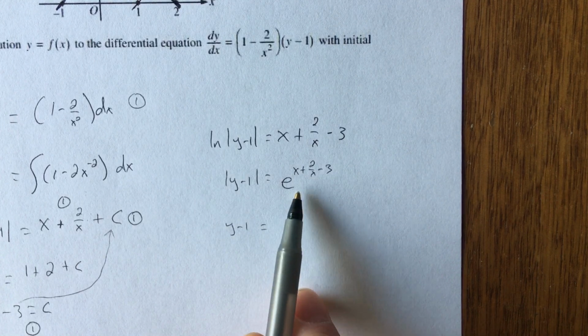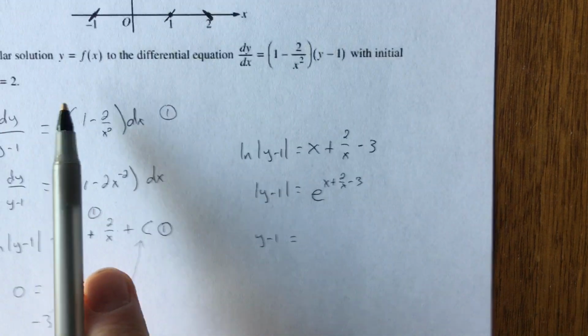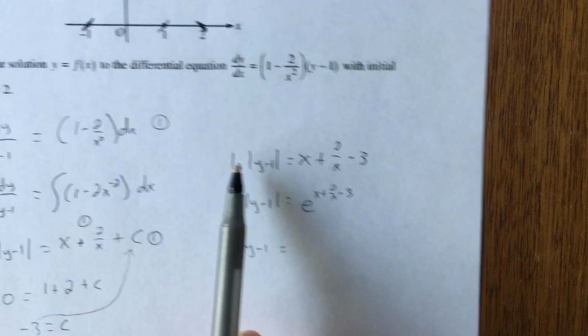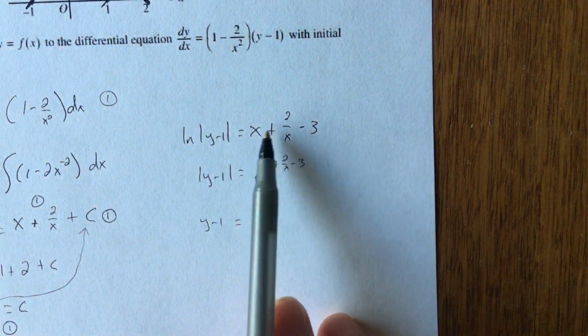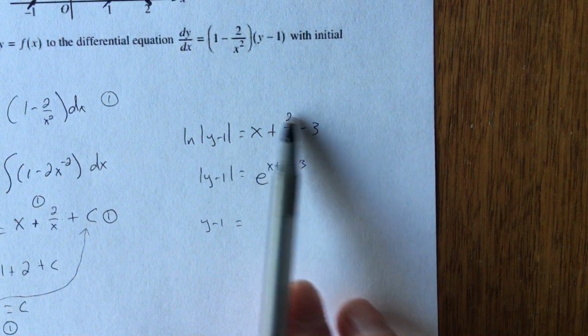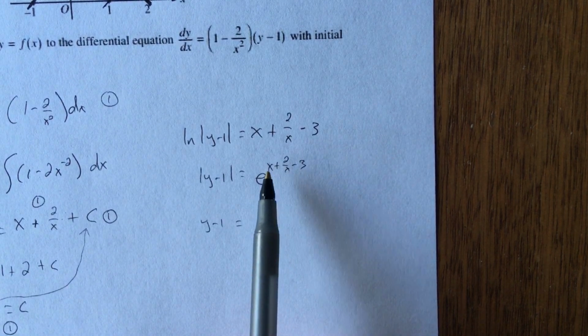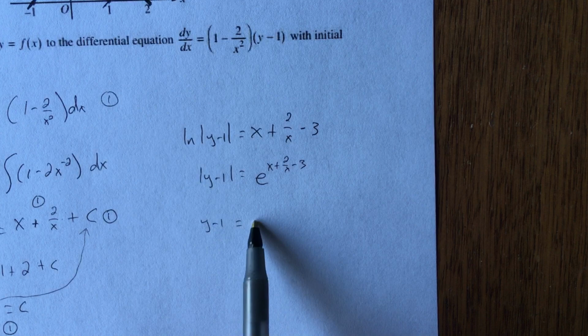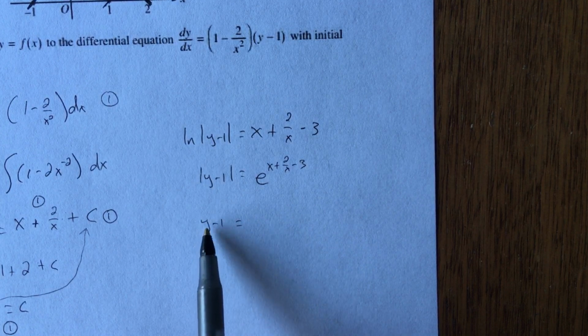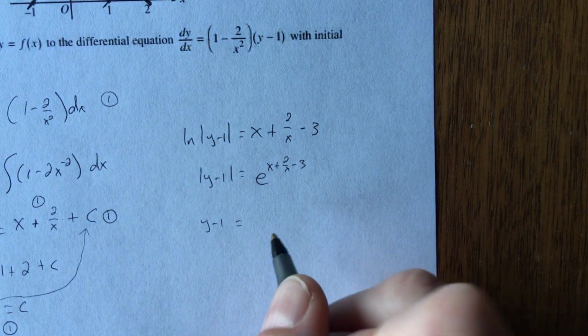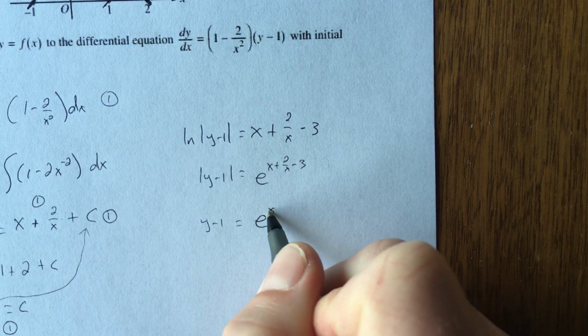So the best way to do that is to put our point back in. So if we come back and put 1, 2 back into here, 1 plus 2 minus 3 is 0. So I get e to the 0, which is 1. That's what I want. If I add 1 to that, that gives me 2, and that's what I want the y to be. So I don't want the negative version of this. I want just the positive version.